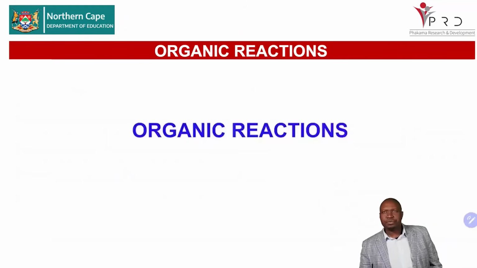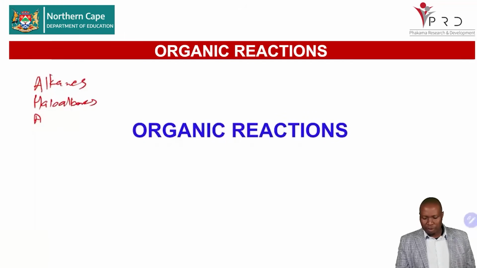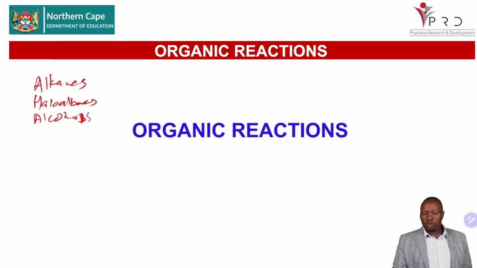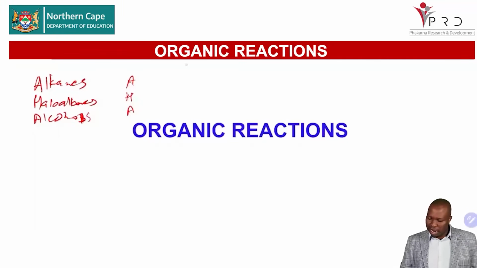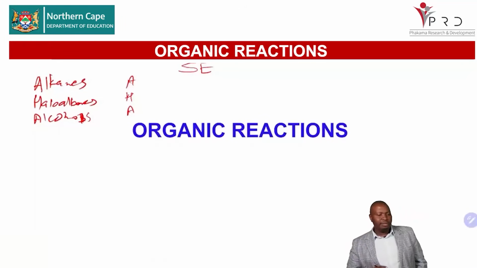Organic reactions. Already I've emphasized the importance of these three homologous series: your alkanes, your haloalkanes, and your alcohols. If you understand these ones, most of the things will be much easier for you. And we are saying these can undergo substitution and elimination. So when you see those, you think about substitution or elimination.